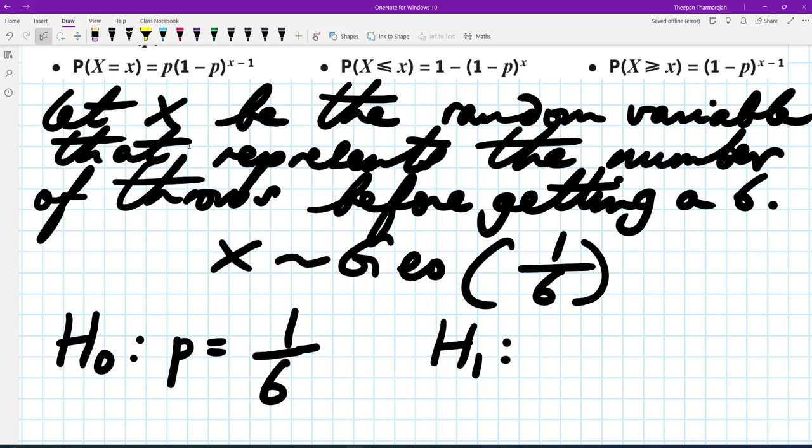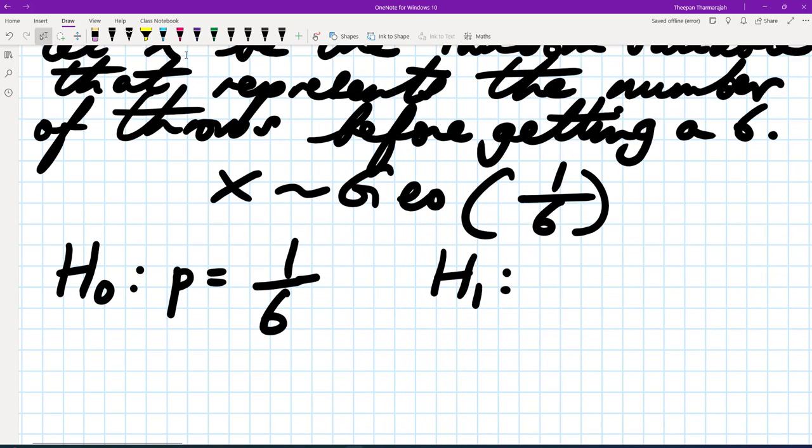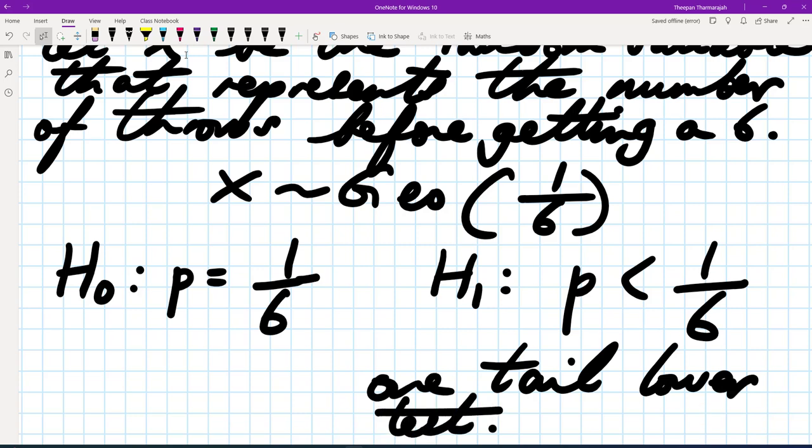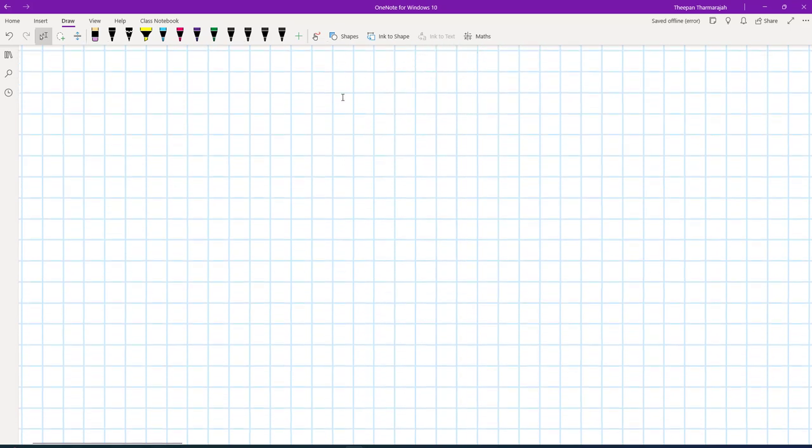Let's see what the claim is for the alternative hypothesis. That is there significant evidence, at the 5% level of significance, that the probability of getting a 6 is less than 1/6. So it must be that the proportion or the probability is less than 1/6. We have a one-tail lower test. And alpha is 0.05. And as we did in the example, we did the same thing here.